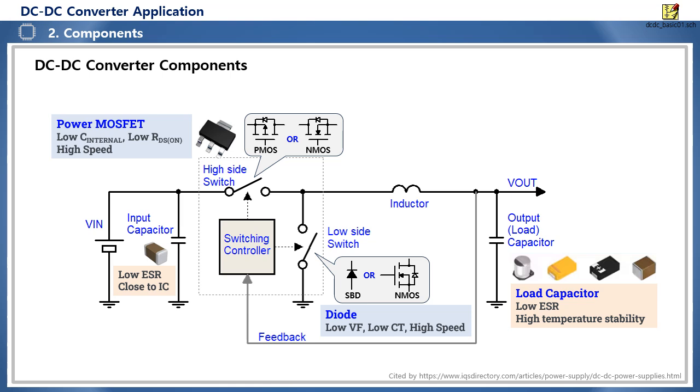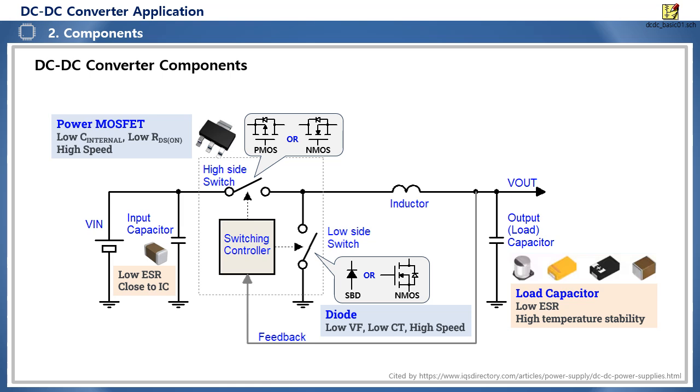In the case of load capacitors, a capacity of approximately 10 microfarads or more should be used. And if a load current of 100 mA or more is required, a capacitor with a larger capacity is recommended. In other words, the larger the load current, the larger the storage capacity should be applied.